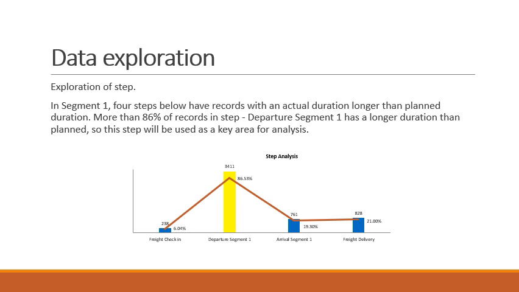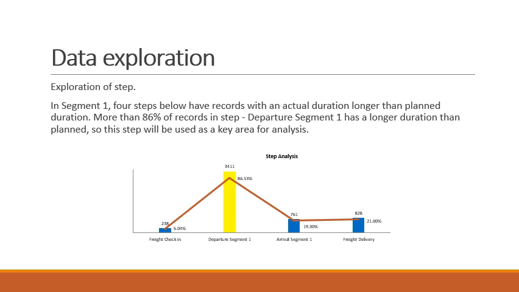Among them, departure segment 1 has the highest rate of overdue records. So it is interesting to know more about the records and trends in this step. When we explore further, we find that there are 126 airports involved in the transportation for the company in the step departure segment 1.